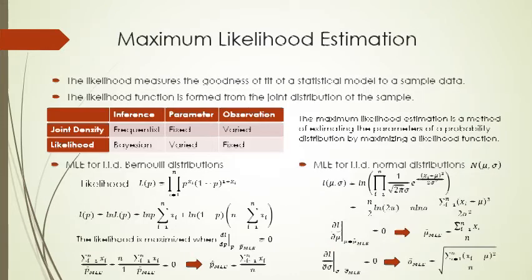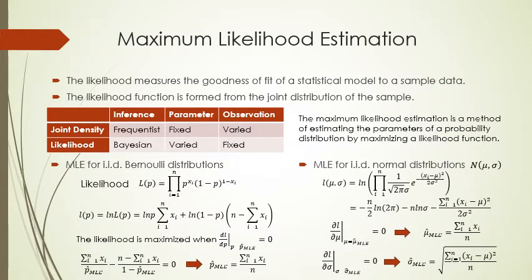To understand the additional goodness of fit measures, we need to introduce the likelihood function and the maximum likelihood estimation. In statistics, the likelihood is used instead of the probability for continuous random variables.